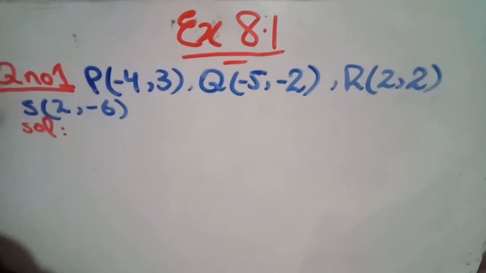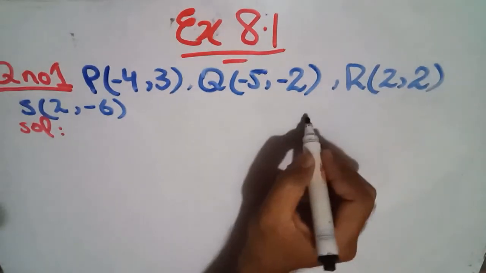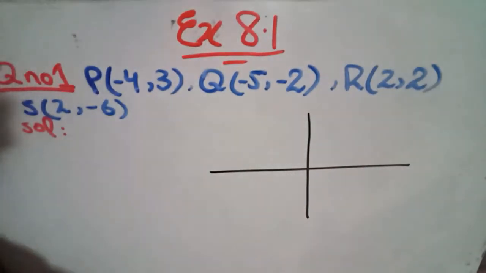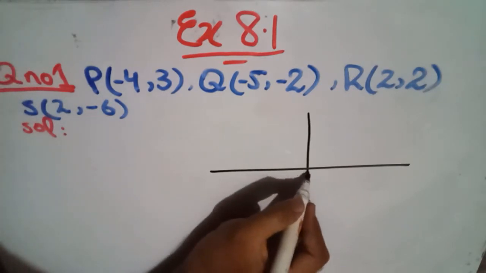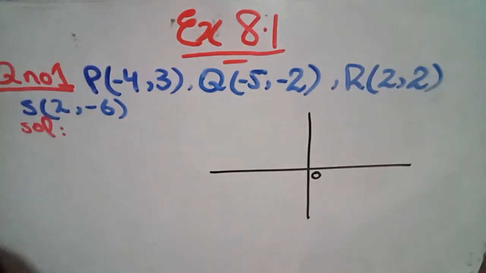So first of all we will just understand the concept of graph, that what is graph. So let's draw the graph. Okay, there we have two perpendicular lines that are intersecting on the point origin. So this is the origin, you can say it origin, O point.